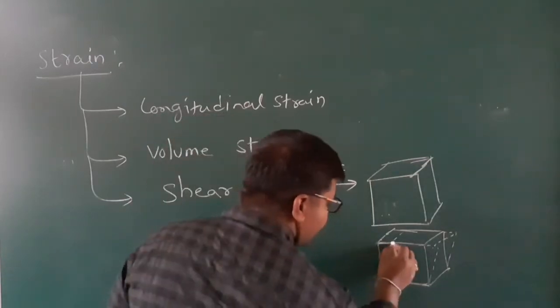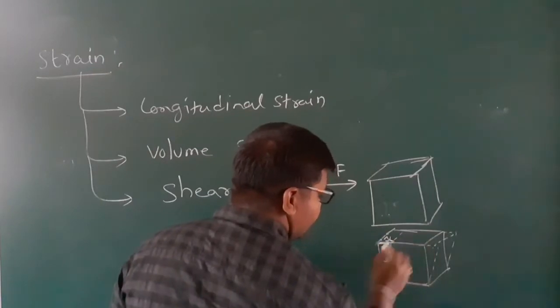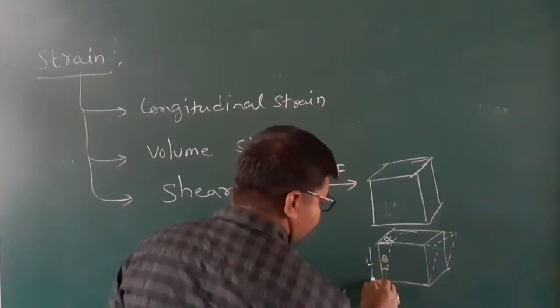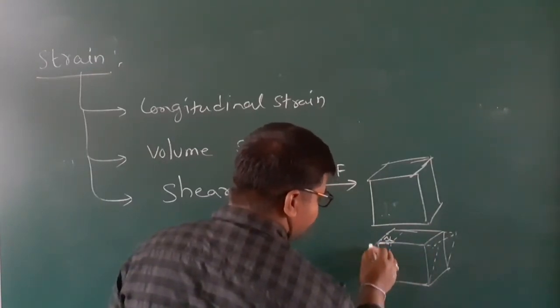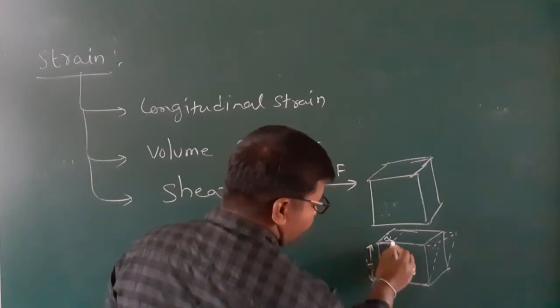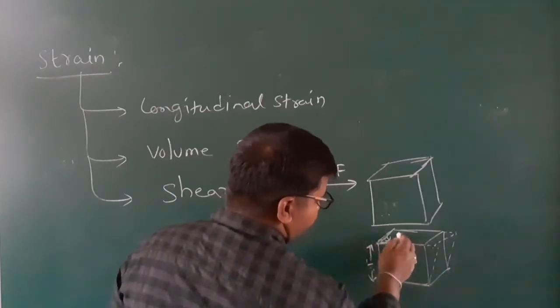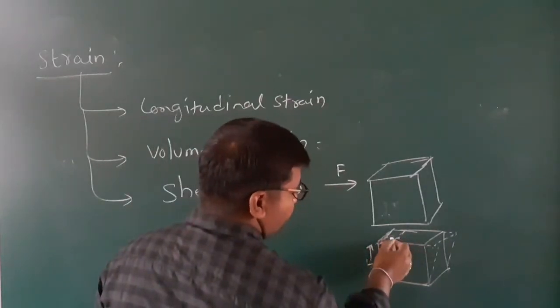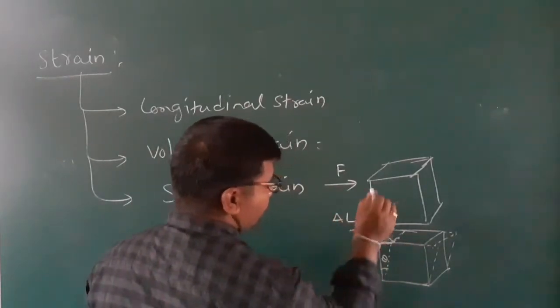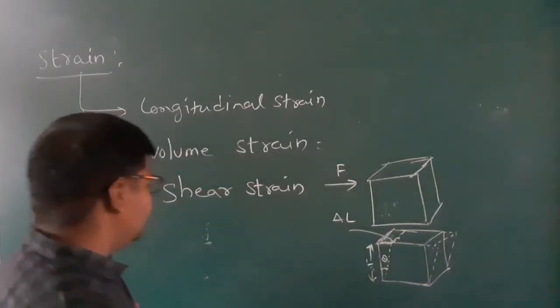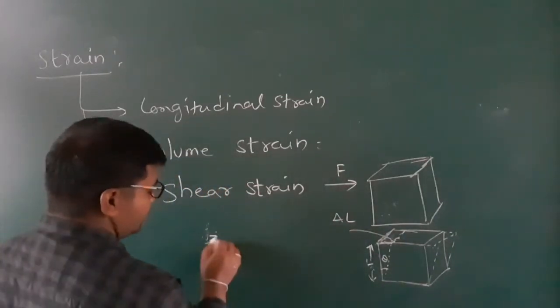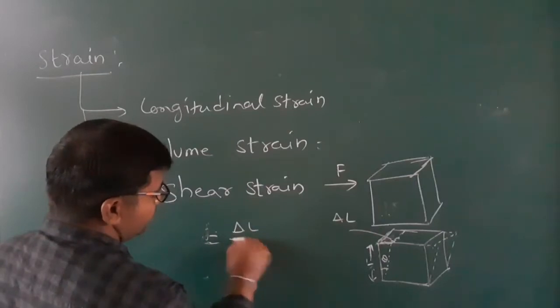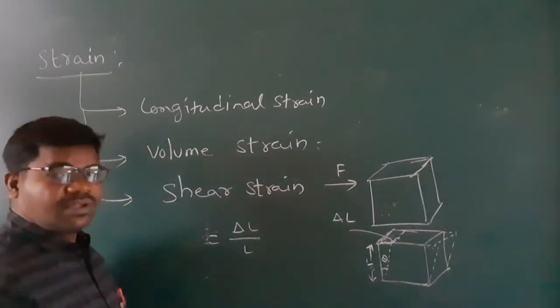Here the original height is L, and after that the displacement is denoted delta L. Shear strain is defined as change in displacement by original displacement.